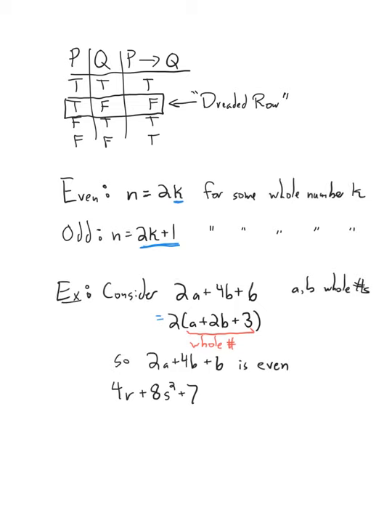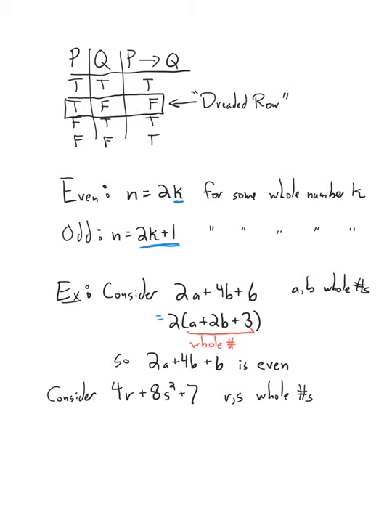I'm going to tell you again, sorry, that r and s are whole numbers. So I can write this as something of the form 2 times a whole number plus 1. So let me go ahead and do that.